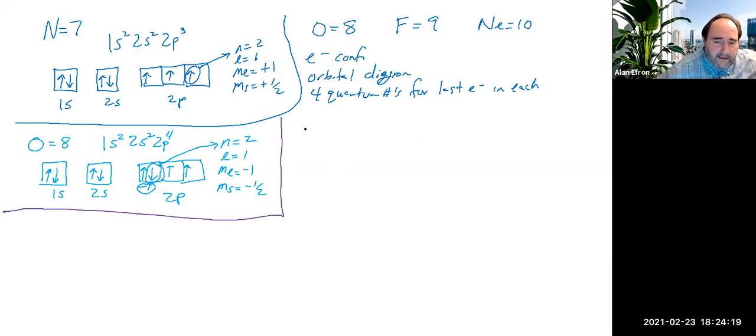Then we had fluorine, which is 9. So really continuing on here, 1s2, 2s2. And as you can see from the orbital diagram previously, we do have some room here. We have room for 1 and 2 more electrons before that subshell is filled. At this point, the orbital diagram is going to look pretty similar here.